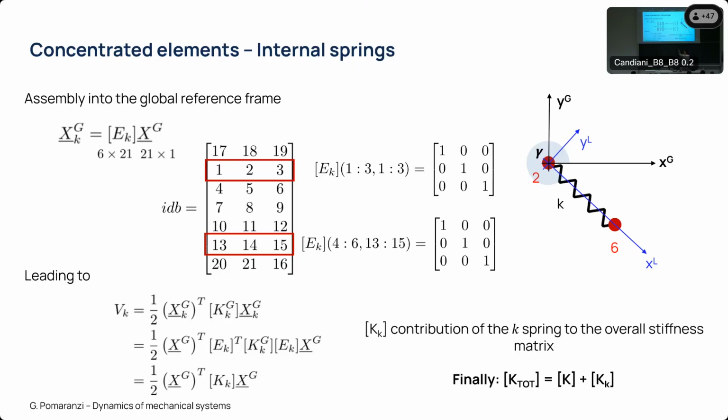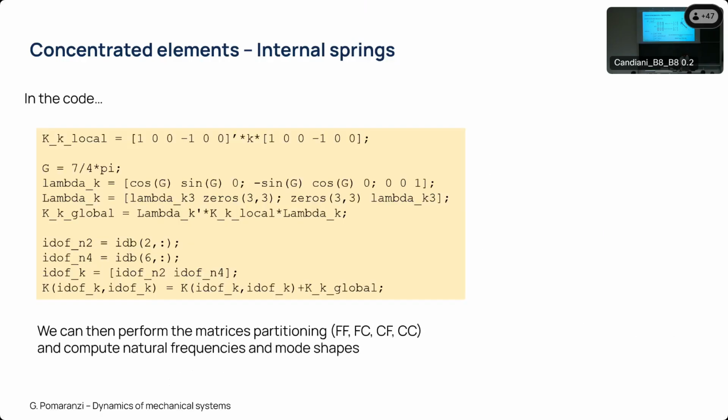But the framework you can use to make all those various elements talk to each other is always the same. You also have the code, so it's just a matter of taking all these expressions, remembering the nodes at which you decide to attach springs, and then all the computations will be done by the code for you.